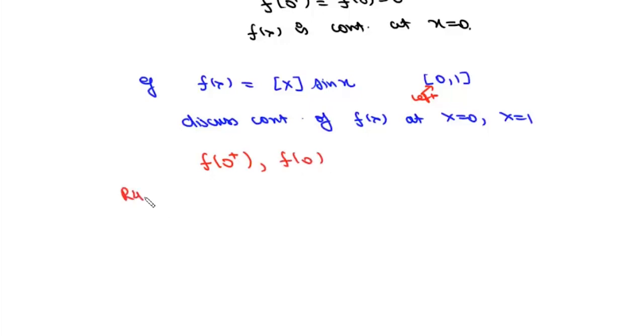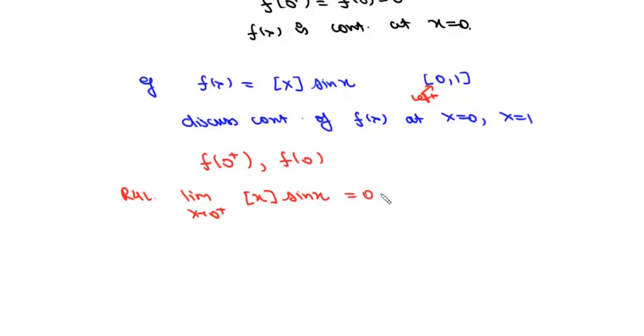Now its right hand limit is limit x tends to 0 positive greatest integer function of x into sine x. Now when x is 0 positive, x lies between 0 and 1. It's a very small positive number, and when x lies between 0 and 1, the value of the greatest integer function of x is 0.